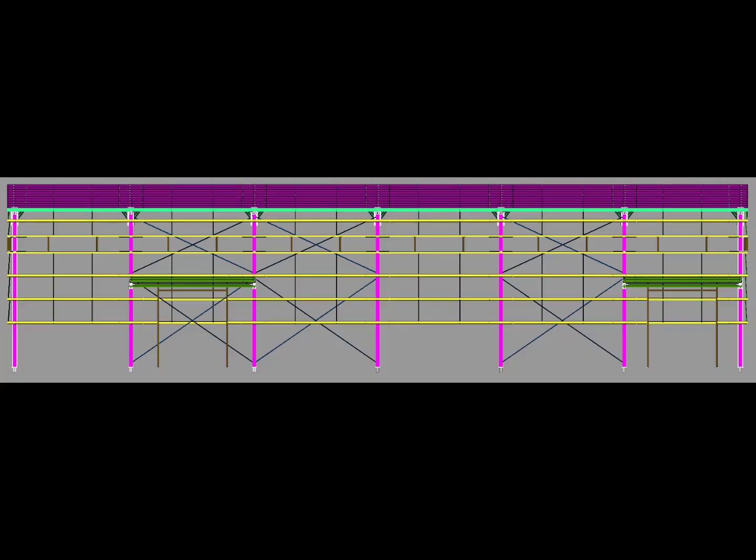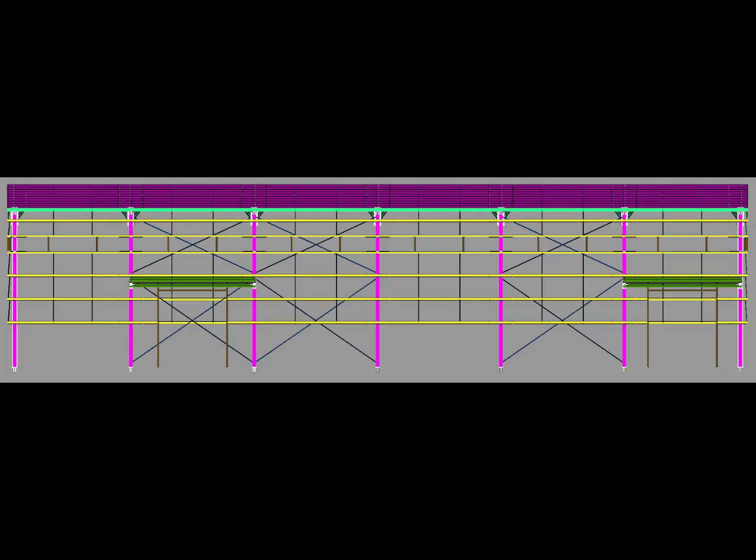This is especially useful for someone learning PEB detailing. Instead of memorizing only the definition of a sag rod, we can understand its actual location inside a complete steel building. Now imagine looking at this model without knowing what a sag rod is. At first, the number of members can look confusing.